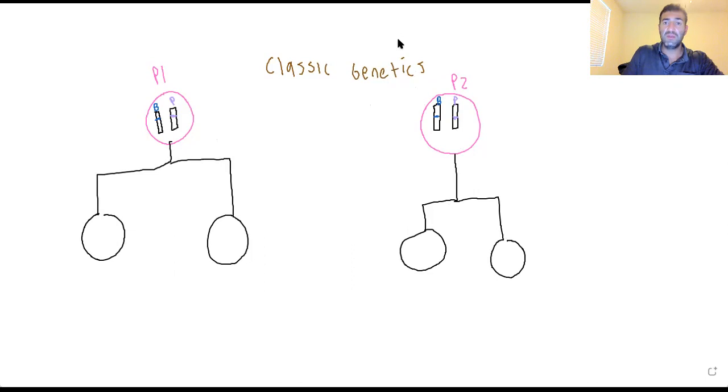All right, and we'll just say that in this gamete, because recall that when haploid cells are made there's only one of each chromosome, we have blue, and we have purple.